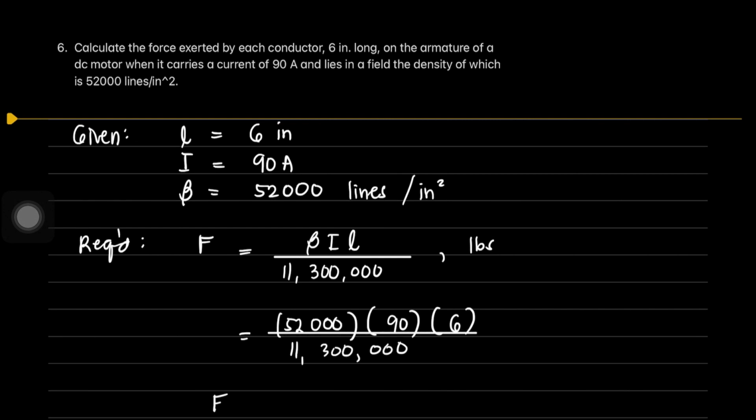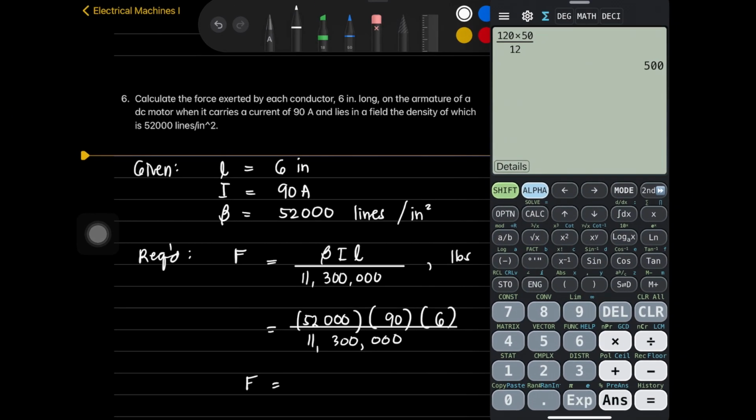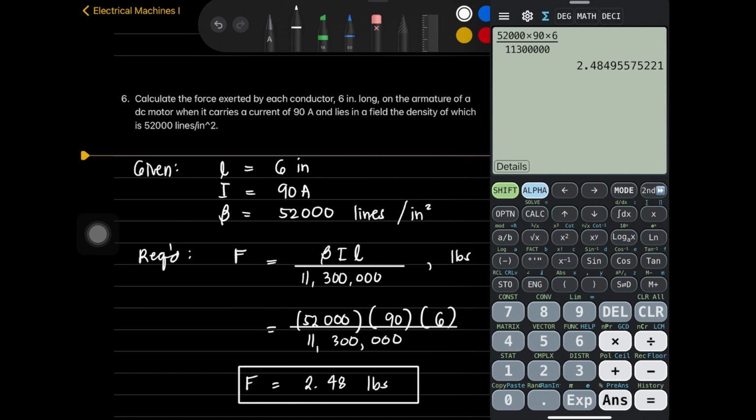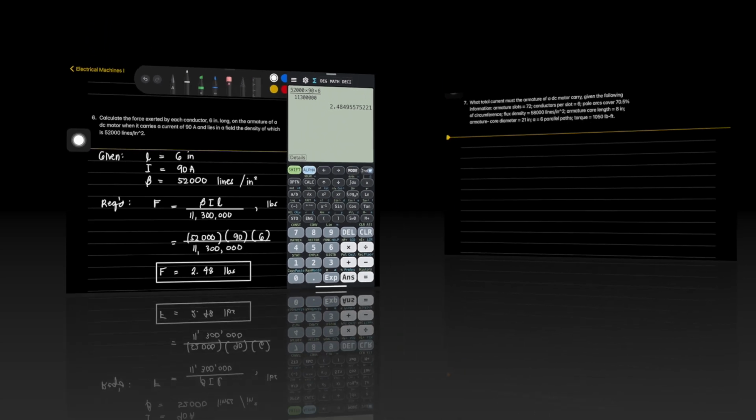So the force exerted by each conductor is 52,000 times 90 times 6 divided by 11,300,000, which would be equal to 2.48 pounds. This is now the force exerted by each conductor of the given DC motor.